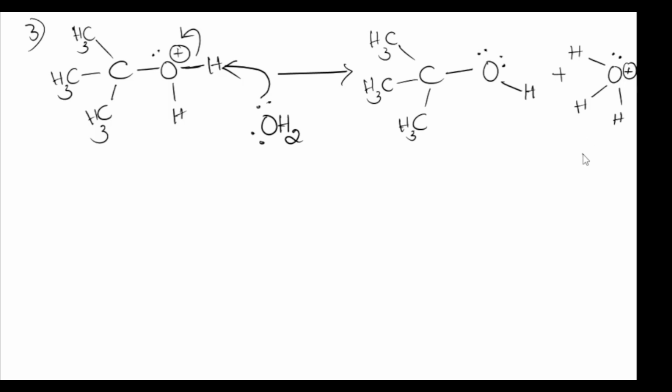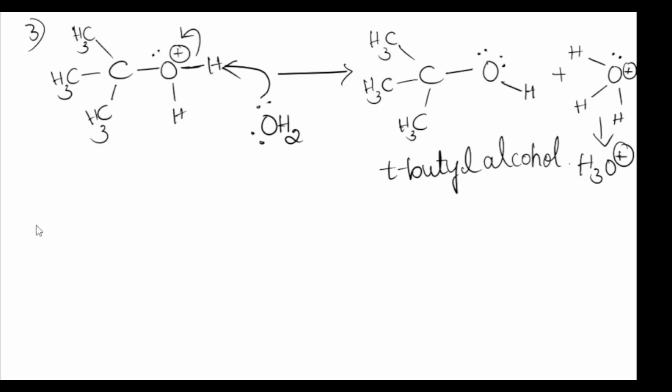Generally we write it as H3O plus, protonated water, like this. We can write this one as well. As a product we are getting tertiary butyl alcohol, right? Then we'll move on to the next thing, which is the rate equation.